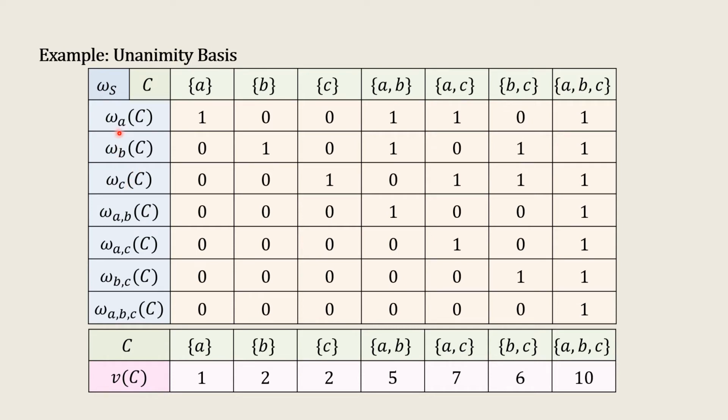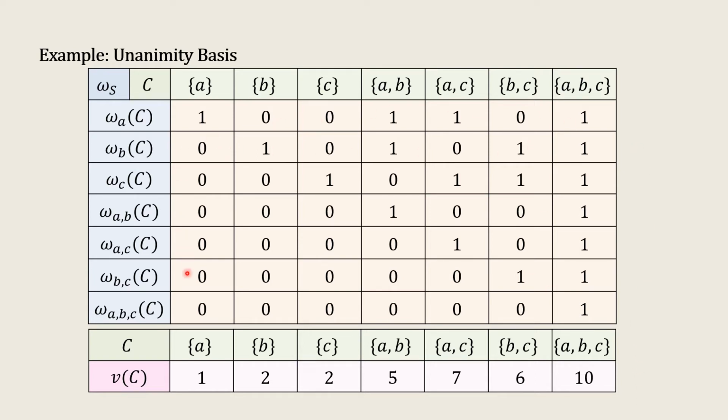Omega A, S is A now. Omega A of each coalition is given by these values. Omega, where S equals B, of the coalitions are given by these values, and so on.